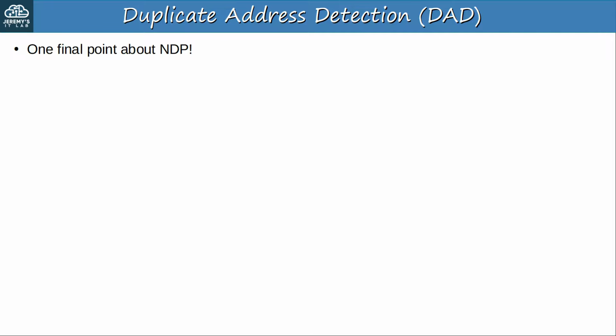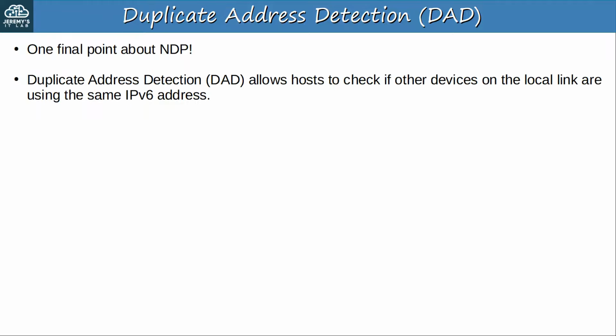Okay, one final point about NDP before moving on to static routing. This is a simple concept, and you should be aware of it for the exam. Duplicate Address Detection, DAD, which is another function of NDP, allows hosts to check if other devices on the local link are using the same IPv6 address.